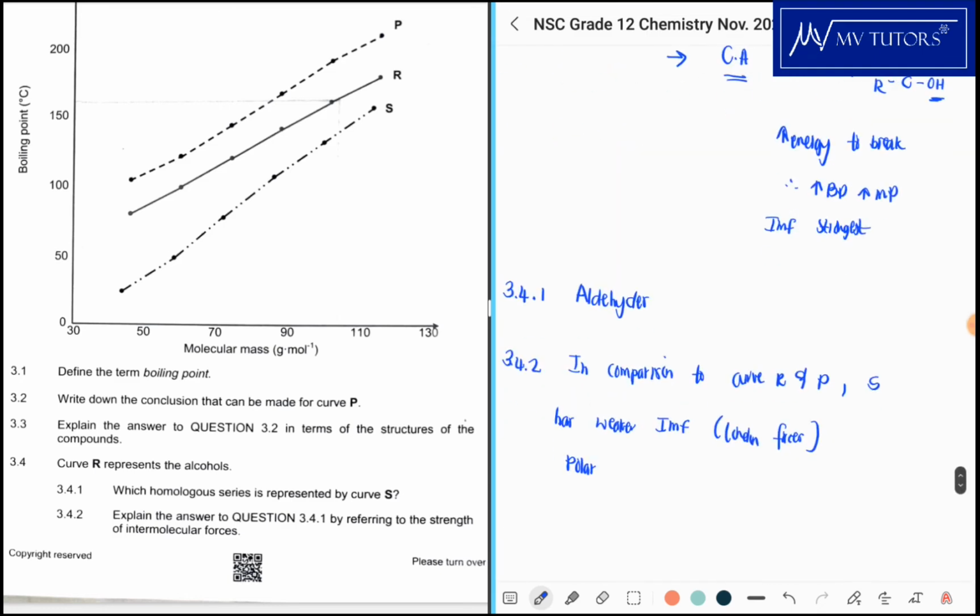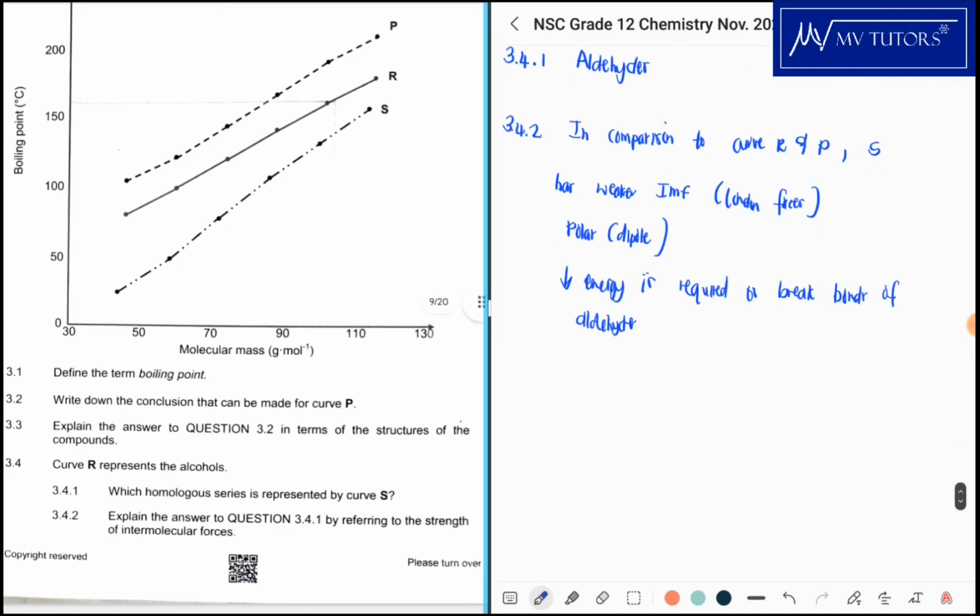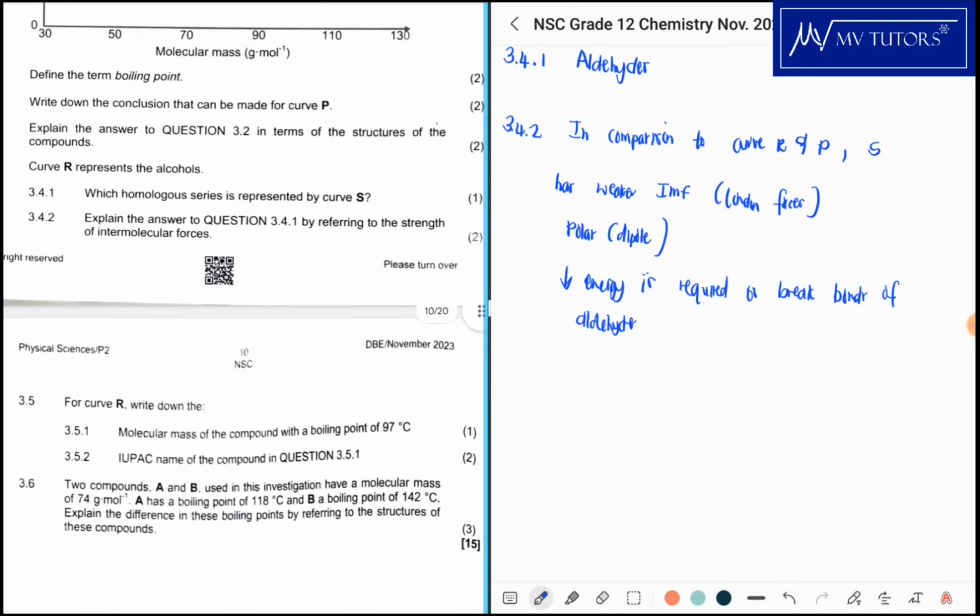It's a dipole. All right, and you need less energy. So less energy is required to break the bonds of aldehydes. Okay, so how many marks is this? 2 marks. I would leave it there.